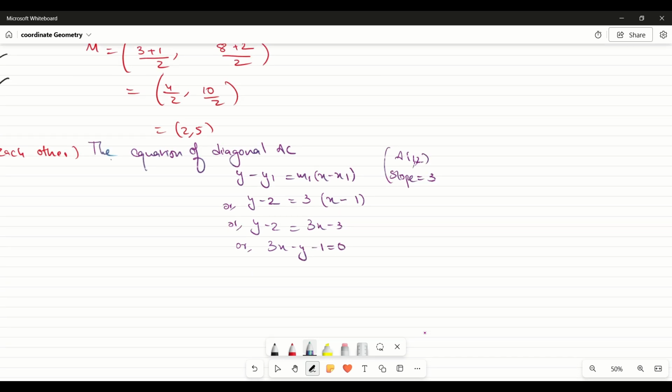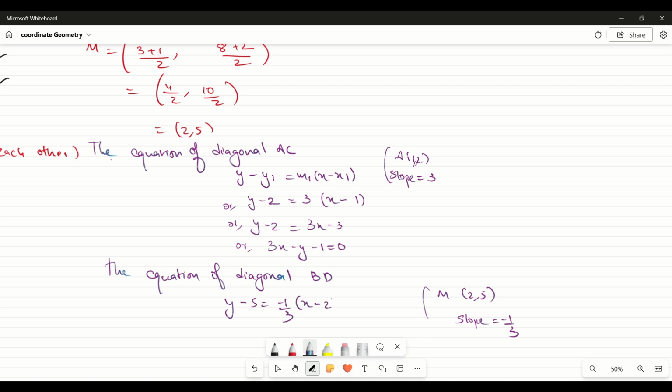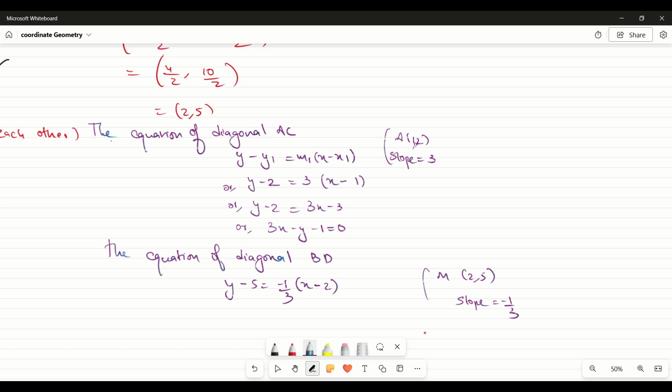Now we are going to find the equation of diagonal BD. Again the same formula. The point which we are going to use here is the midpoint (2, 5), and the slope of BD was -1/3.